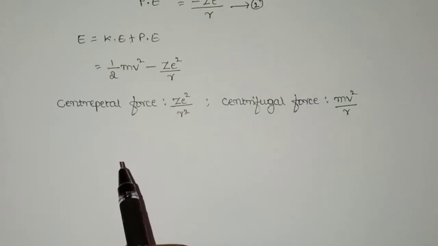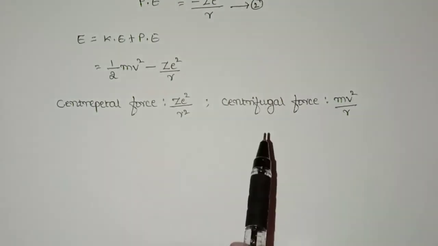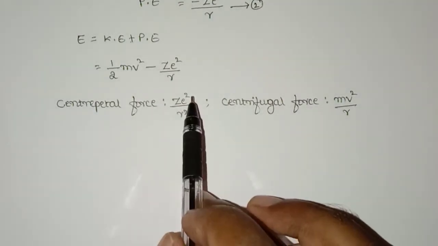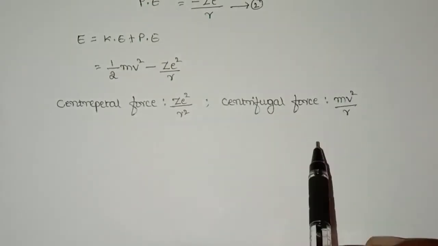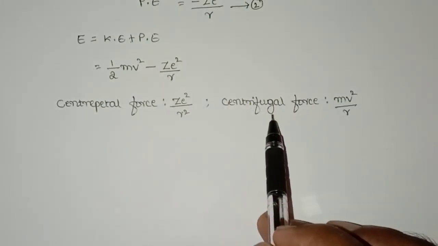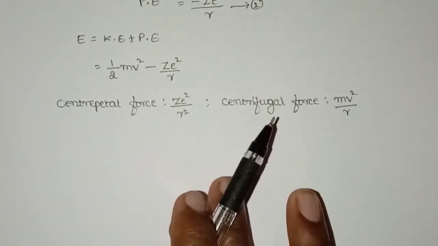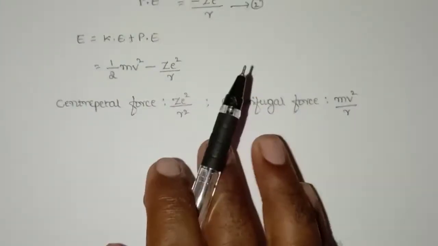Here we have given the mathematical expressions for centripetal force and centrifugal force. Centripetal force is given by Ze square by r square, and centrifugal force is given by mv square by r. So when these two are exactly equal to each other, then the electron will remain in the orbit. That means it will not fall into the nucleus and will not go out of the orbit.